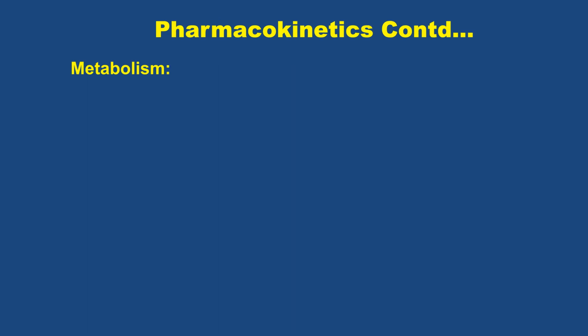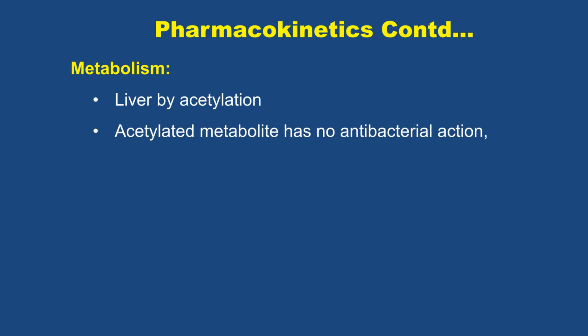Coming to the metabolism, the biotransformation occurs by the acetylation process in the liver, and the extent of metabolism varies among individuals. There are two types of acetylator: the slow acetylator and the fast acetylator. However, the acetylated metabolites have no antibacterial action, but they may cause crystalluria.